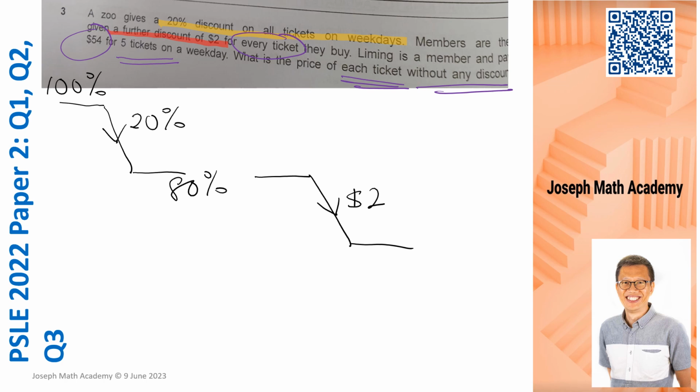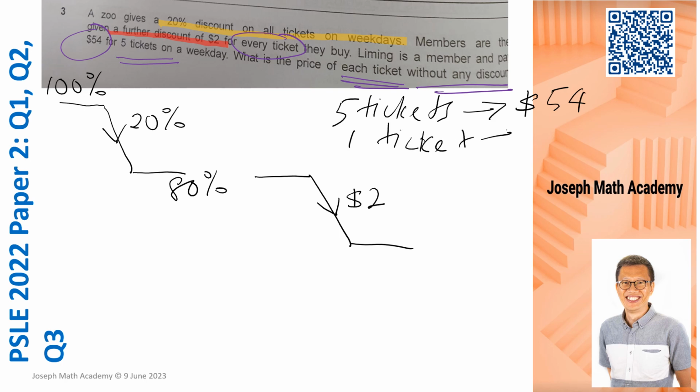So let's find out the price of one ticket. For 5 tickets, Li Ming paid $54. So the price of one ticket that Li Ming paid is 54 divided by 5, which is $10.80.